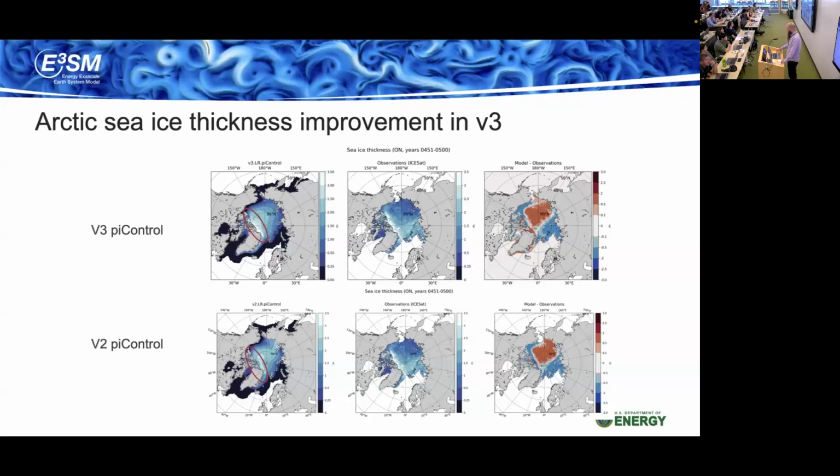And we do see a significant improvement in the representation of sea ice in the model. What I wanted to highlight here is the top row, the V3 PI control that was just recently finished. We really see buildup of sea ice along the Canadian archipelago that was noticeably missing in previous iterations of the model.